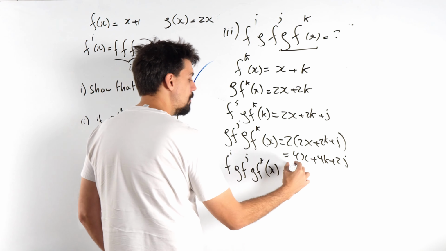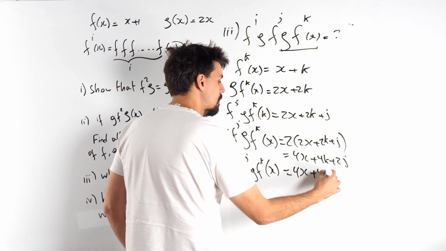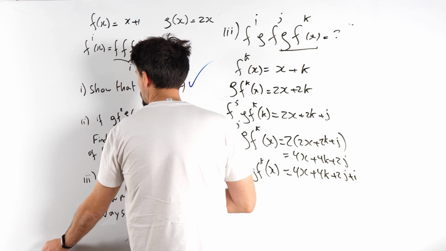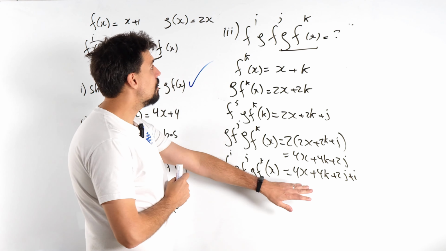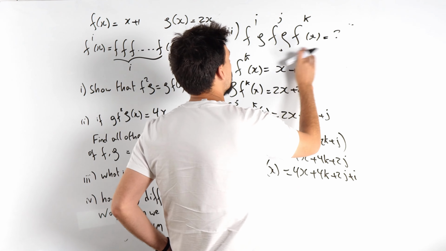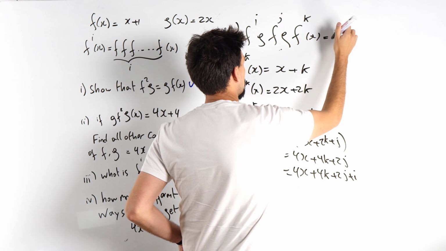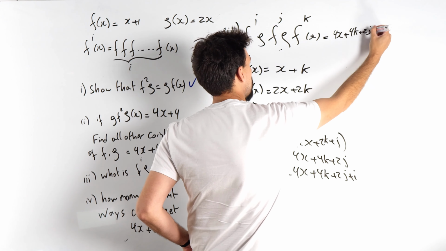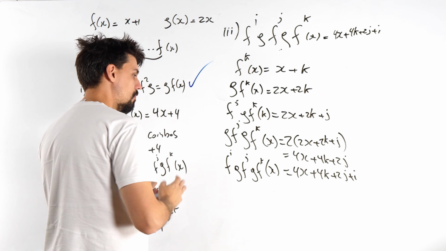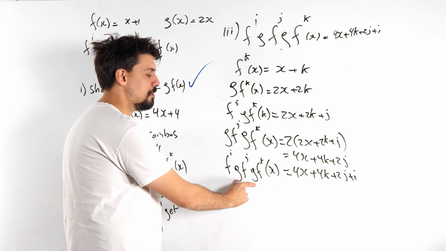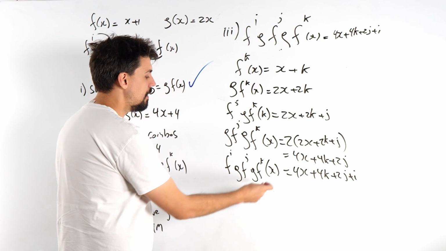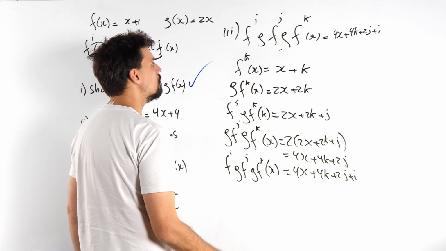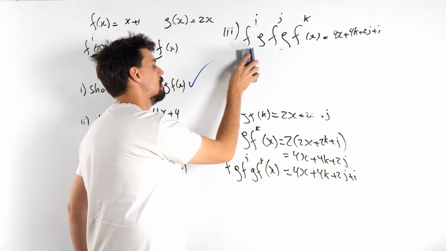I do another i f's, which adds in another i. Okay? So this is it. And let's write that up here. 4x plus 4k plus 2j plus i. Cool, we had two g's, which means we've doubled twice, quadruple, and then a bunch of adding, doubling, adding, doubling, adding. Cool. Very nice.